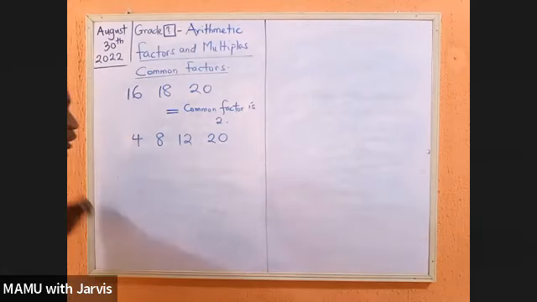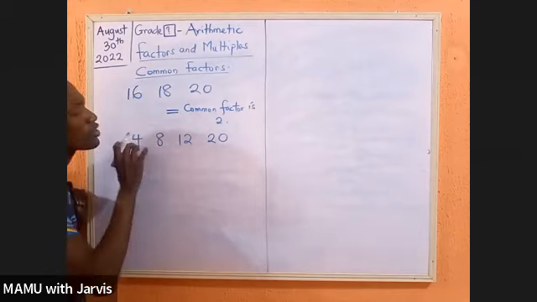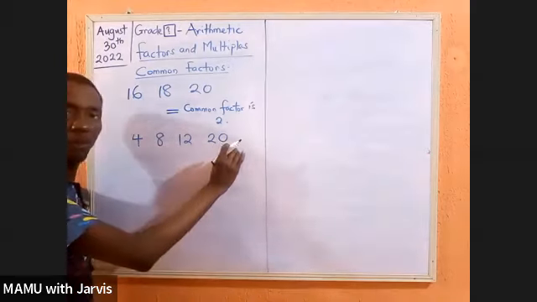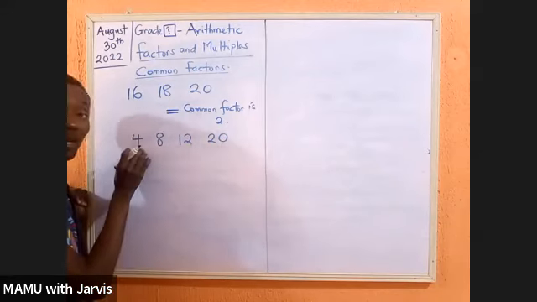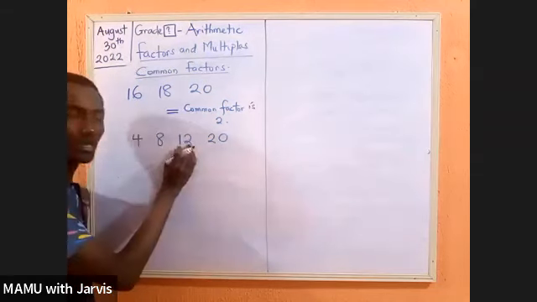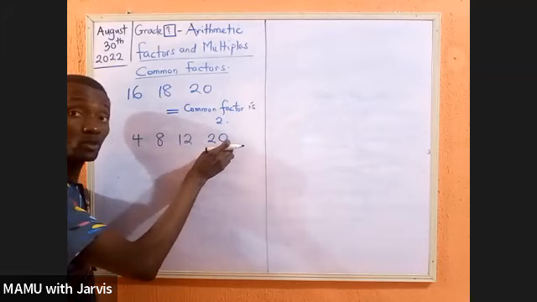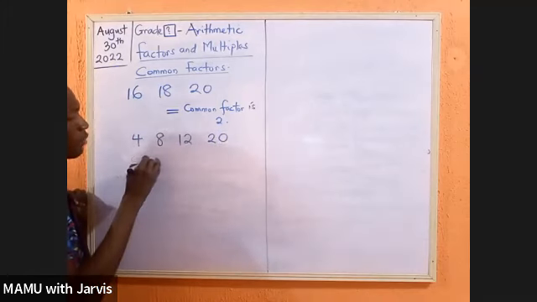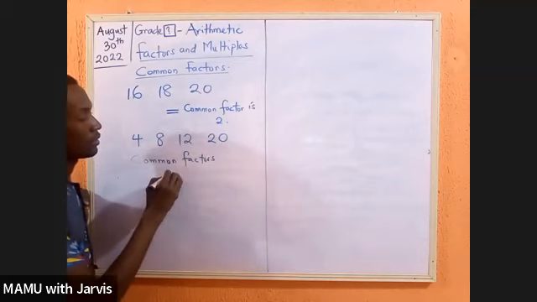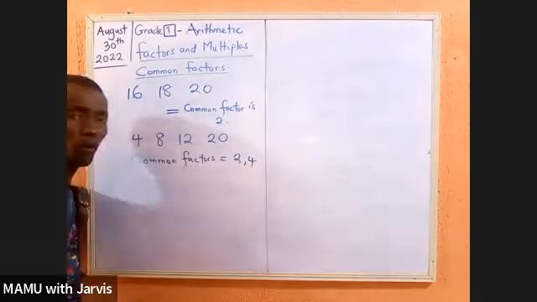If you check closely, you discover that beyond being divisible by 2, they can all be divisible by 4. How do I know that? 4 times 1 is 4, 4 times 2 is 8, 4 times 3 is 12, 4 times 4 is 16, 4 times 5 is 20. So in this setup, my common factors will be 2 and 4.